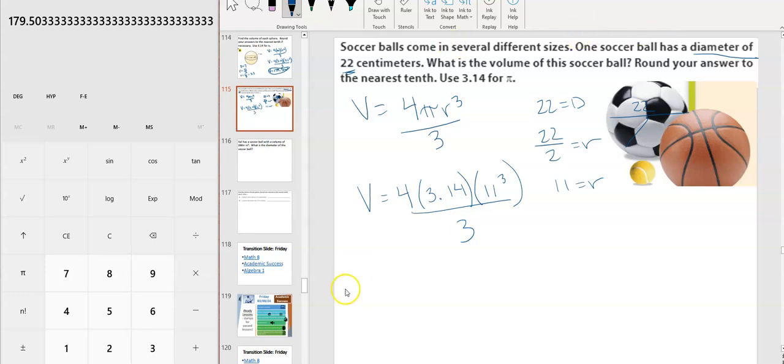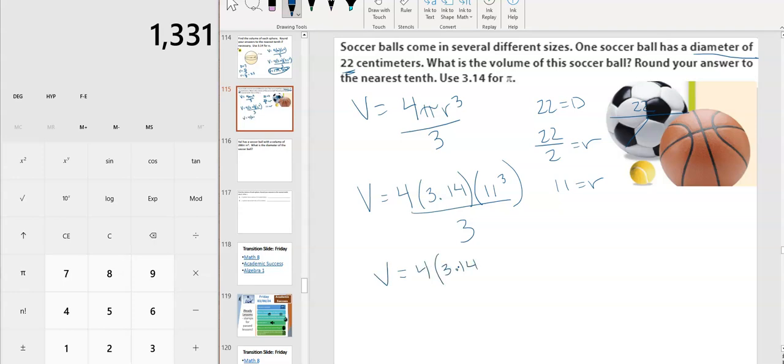I'm going to use my calculator to figure out what 11 to the power of 3 is. Here's my little exponent button. Okay, and I'm going to go ahead now and do 4 times 3.14 times 1,331. All of this divided by 3.